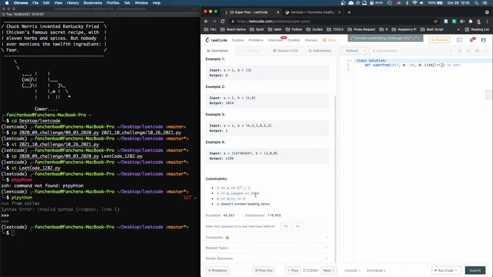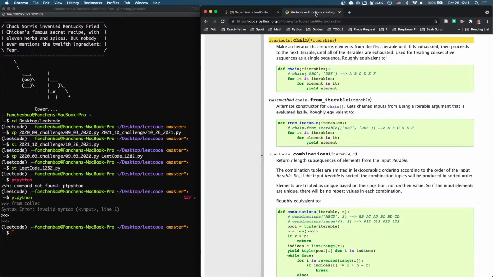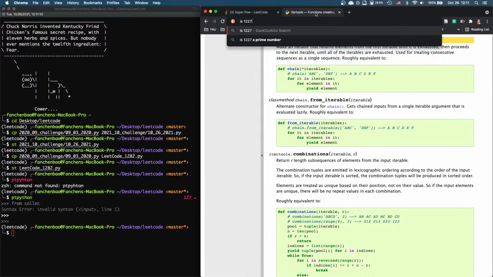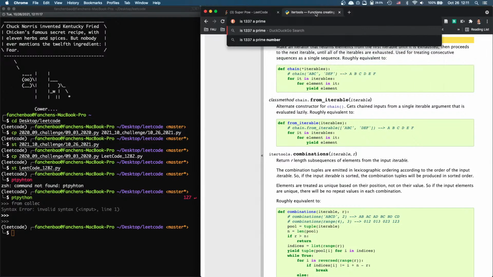B has a length of up to 2000. Oh, what is this? So basically 1337, is that a prime number? Is 1337 a prime number?